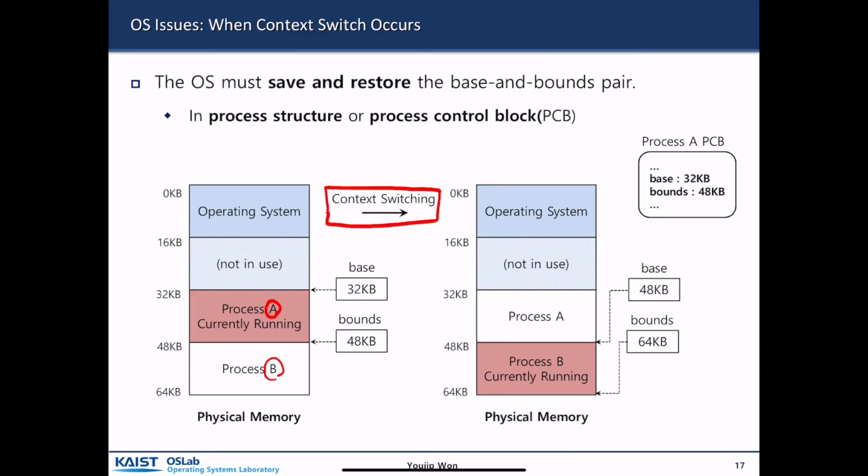Now process B is loaded starting at 48 kilobytes, and its size is 16. Now the base and bound registers need to be switched from the 32 to 48 pair to the 48 to 64 pair. So in the course of switching the context, the operating system has to store the previous values of the base and bound registers somewhere, and the operating system has to define where it saves the values.